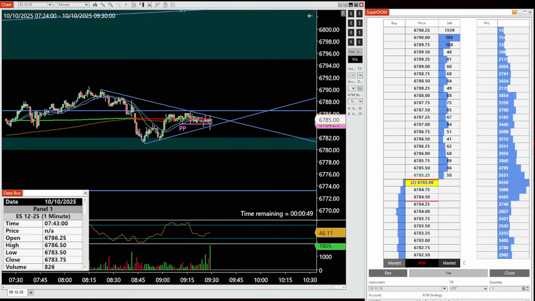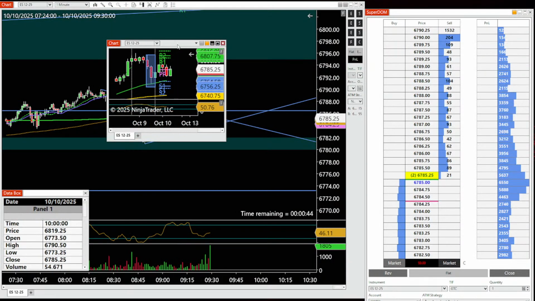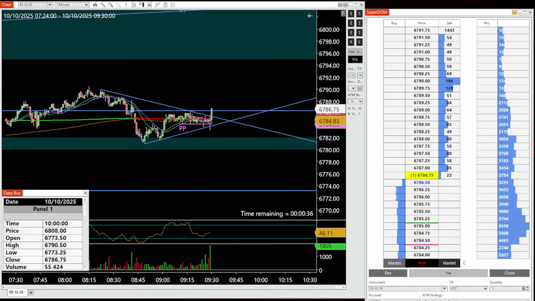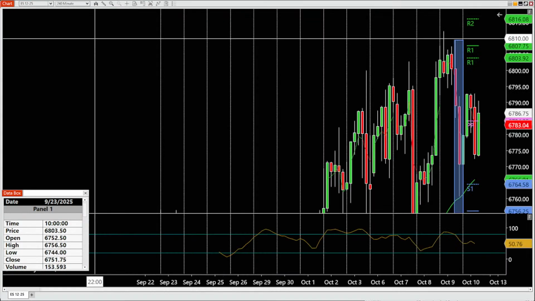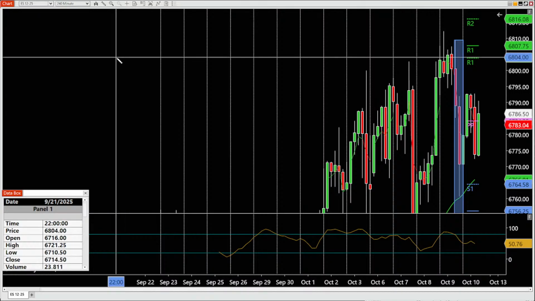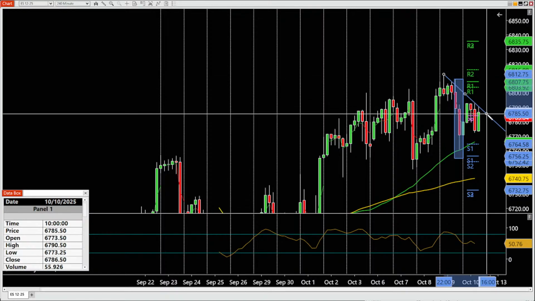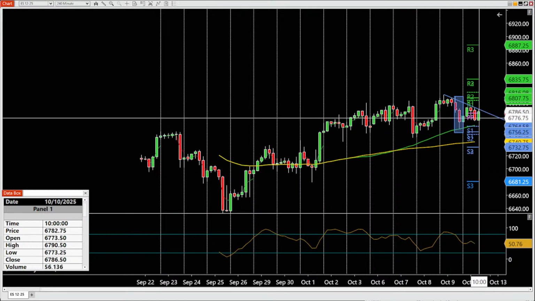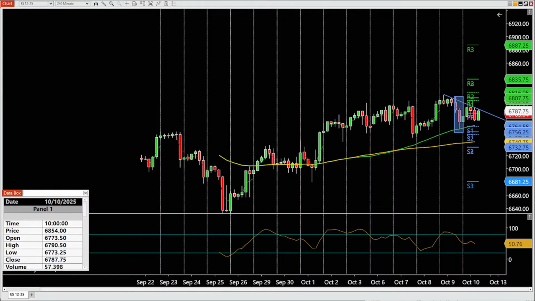What happened to my chart? Okay. What I was trying to draw was this right here, which is in here. 770, 20-point range.